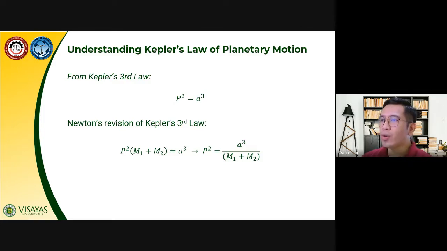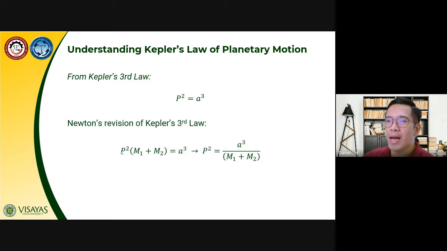However, Newton found out that there is a flaw in Kepler's third law. After deriving gravitational orbital motion from the laws of motion, from the law of gravity, and a little bit of calculus, Newton arrived at a revision of Kepler's third law.